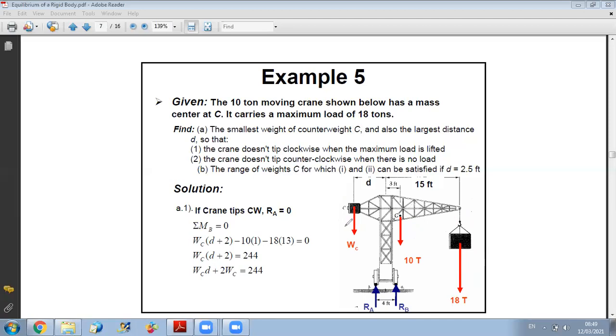Just concerning the idea of the counterweight, if you don't have any, in general, the weight of the structure will be smaller than the maximum load you will have. But the counterweight in general is larger than the value of the weight.